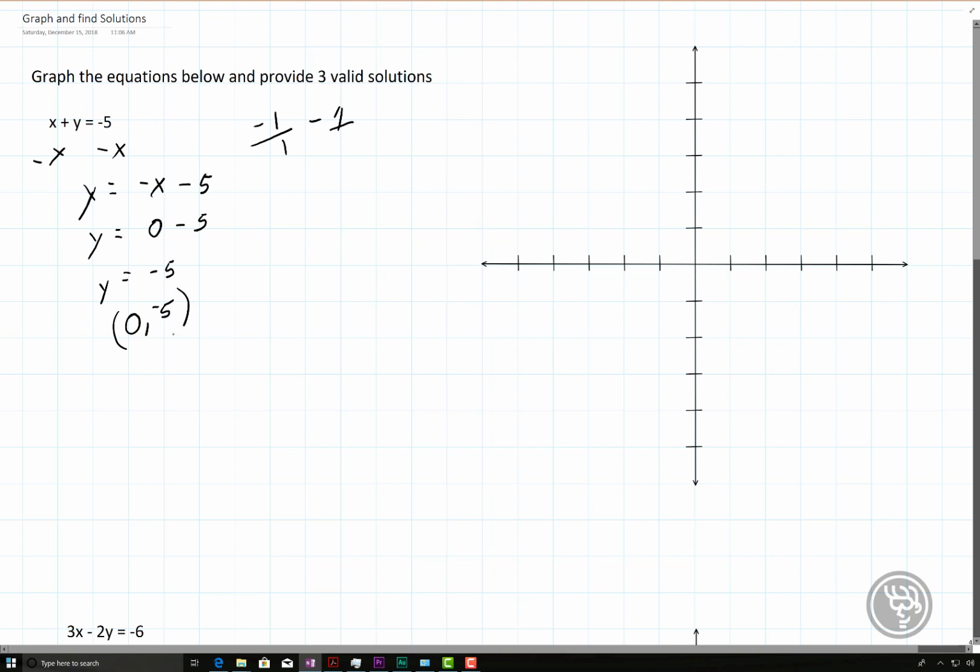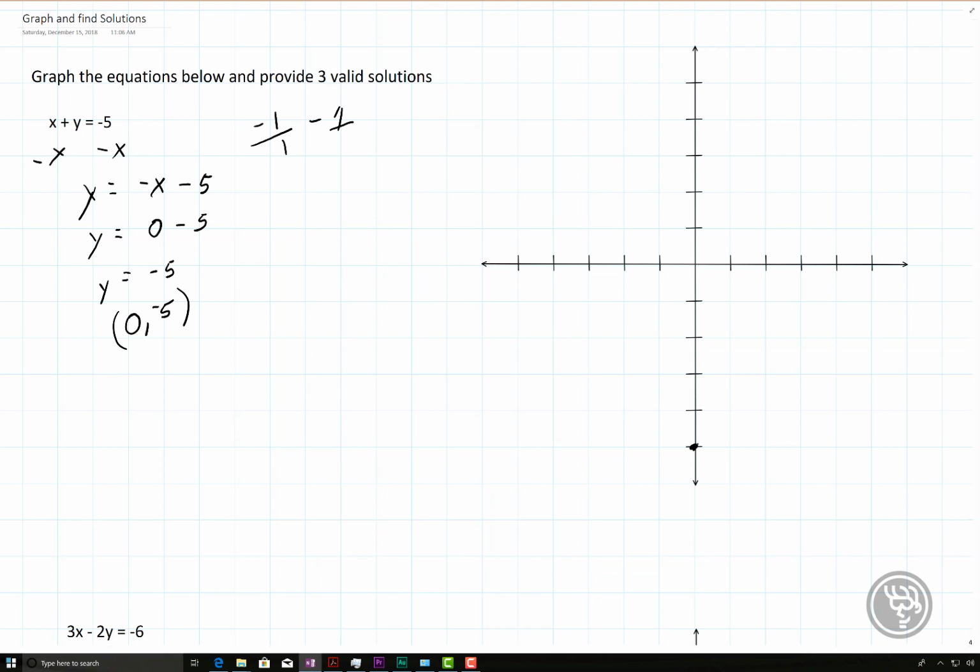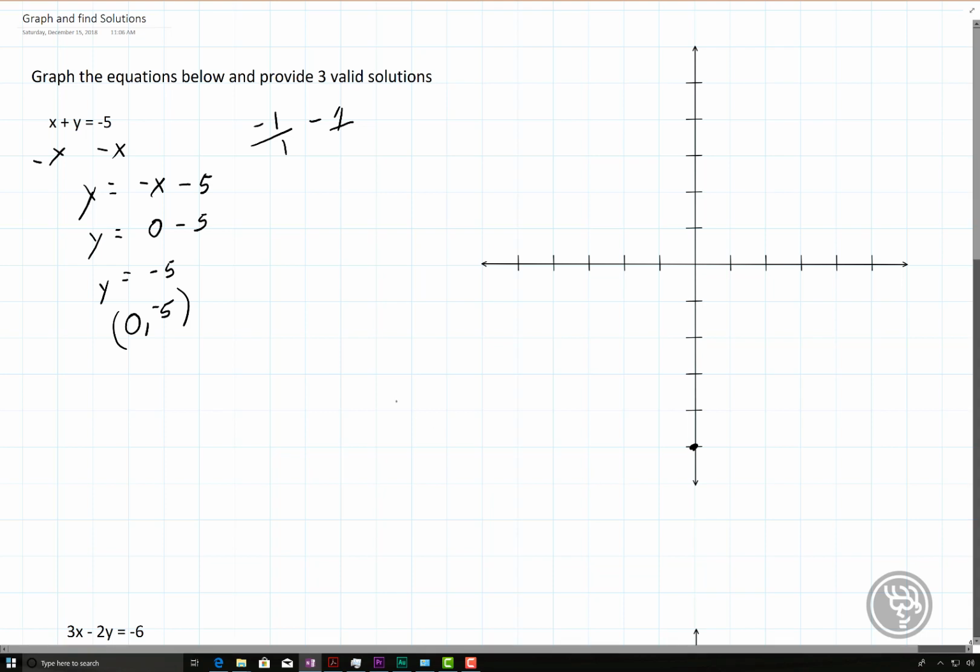We're going to be at 0, and then minus 5 is 1, 2, 3, 4, minus 5. Okay? And this slope is decreasing. So as we read, our slope has to go this way. This is decreasing. So we come to this point, we know our slope is -1, so we're going to go up and over 1.